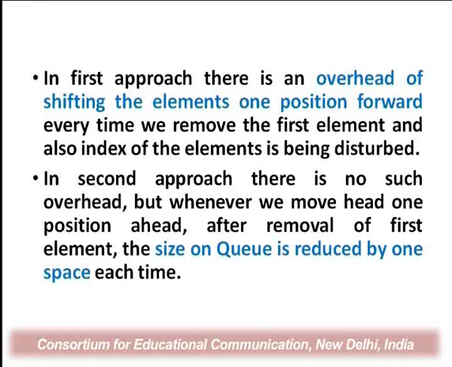The problem is the overhead of shifting the elements one position forward, and this is going to be a huge overhead if the size of the queue is large. So we are going to shift all the elements one position forward every time we remove the first element, and also the index of each element is changed. Earlier 19 was at position 1, now it is at position 0.